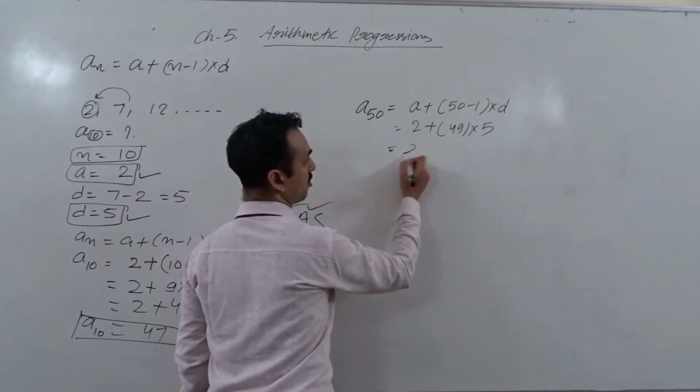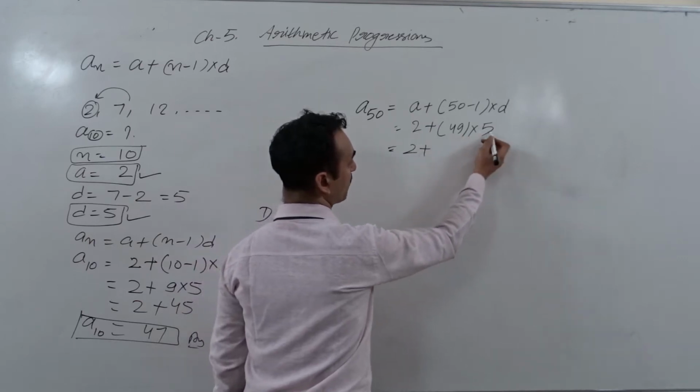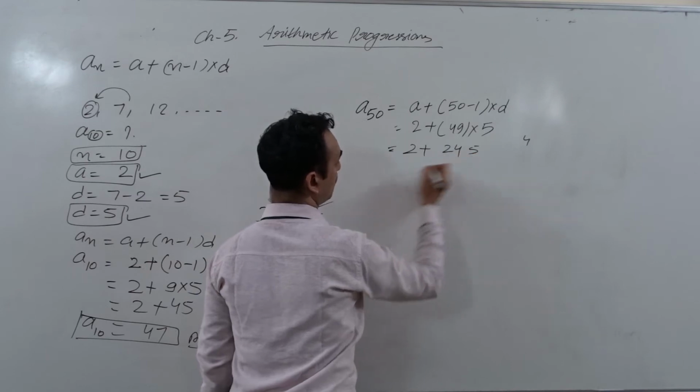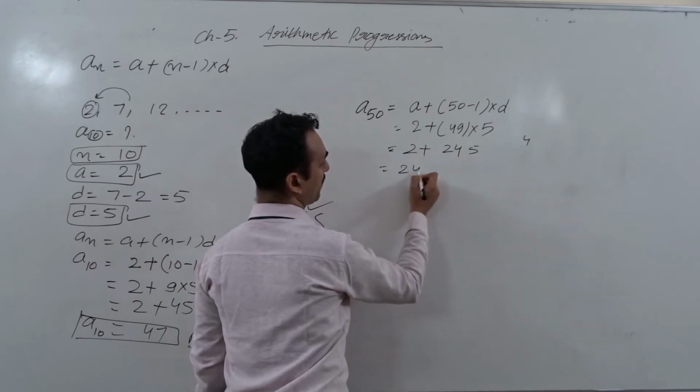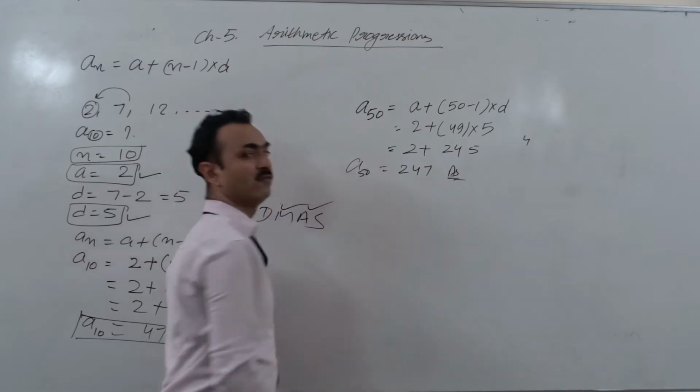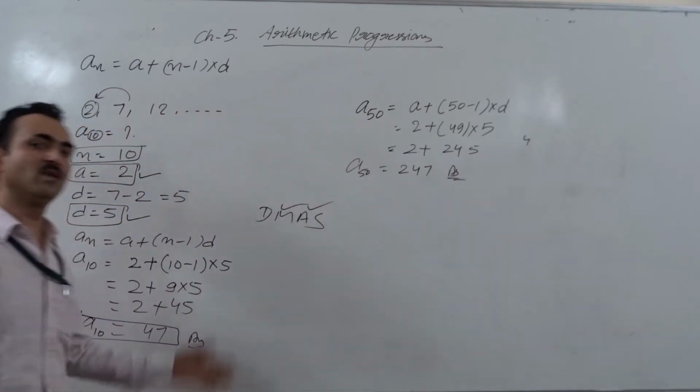Now solve it: 2 plus 49 into 5. 5 nines are 45, 5 fours are 20, 24. So 245, plus 2 is 247. You can see you can find any term of an AP.